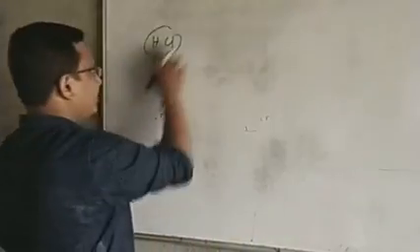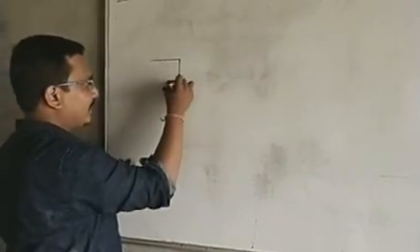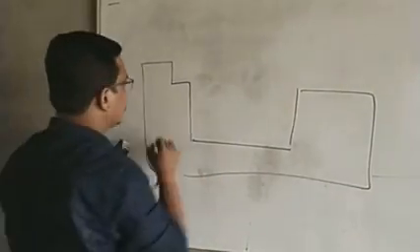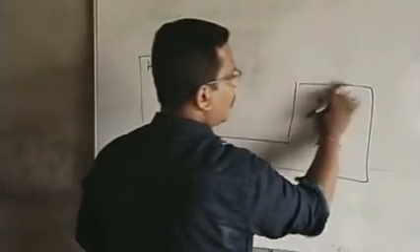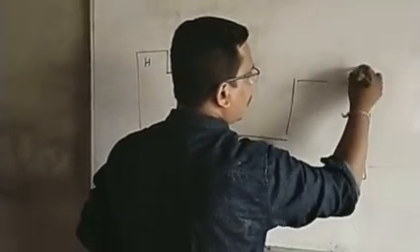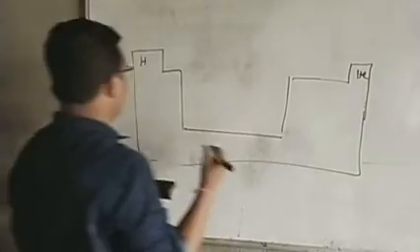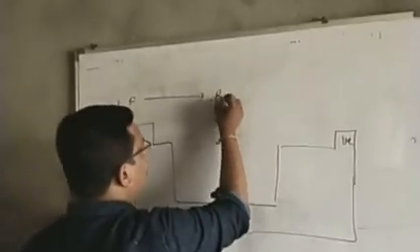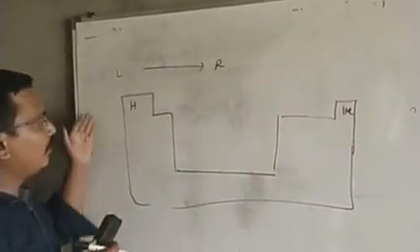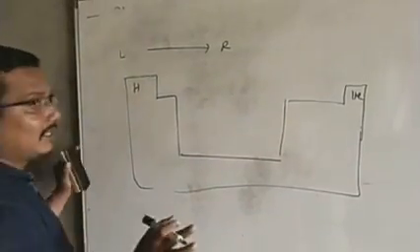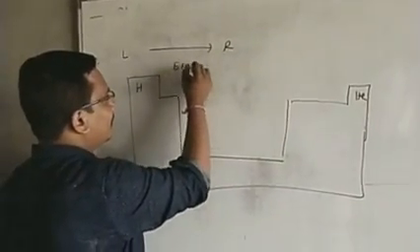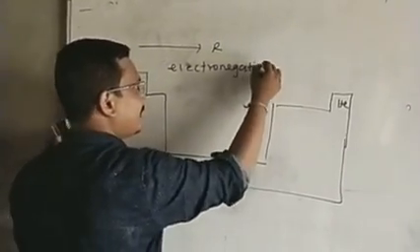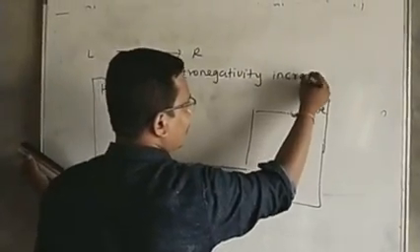We know the periodic table. Here is your periodic table. Here is hydrogen, here is helium. If you want to go from left to right of the periodic table, remember the electronegativity increases.